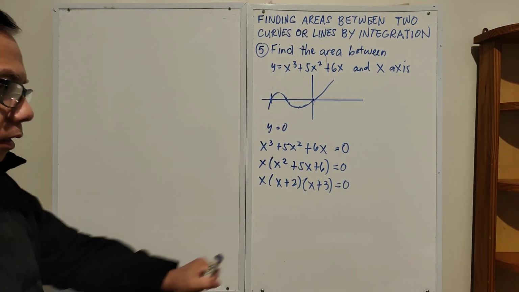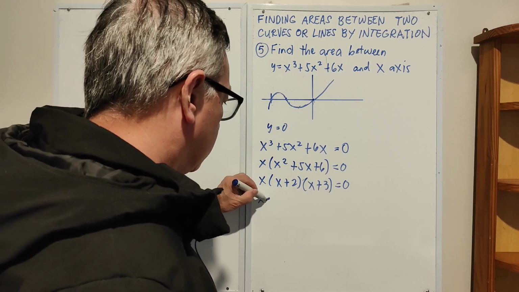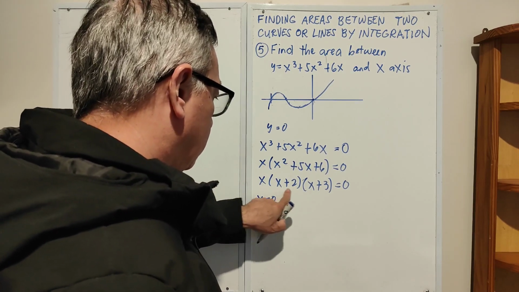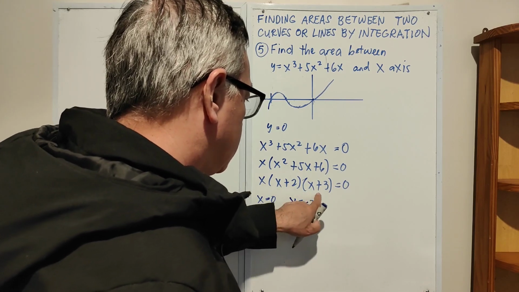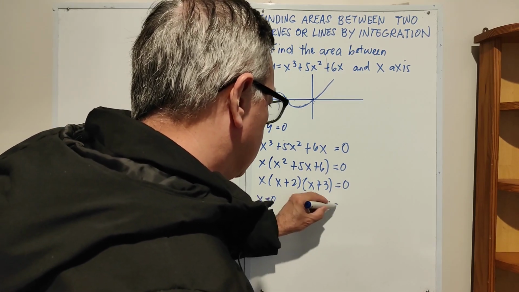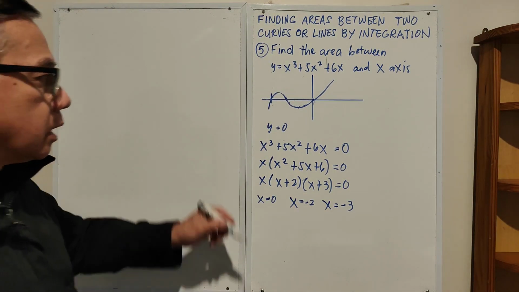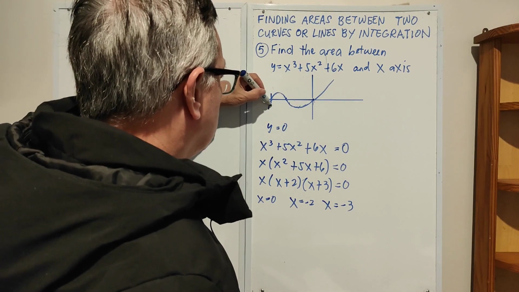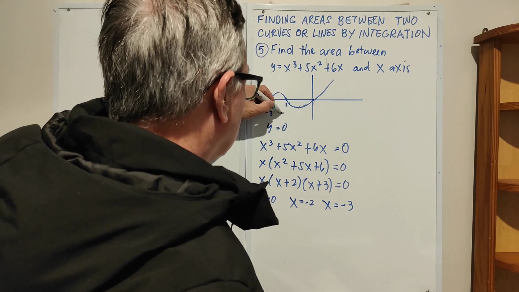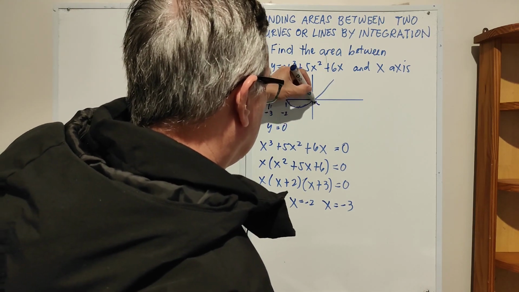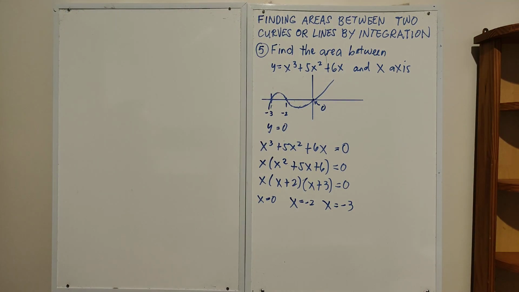So this is equal to 0. If x is equal to 0, then x is 0. If x plus 2 is equal to 0, x is equal to negative 2. If x plus 3 is equal to 0, x is equal to negative 3. So these are the points of intersection: negative 3, negative 2, and 0.